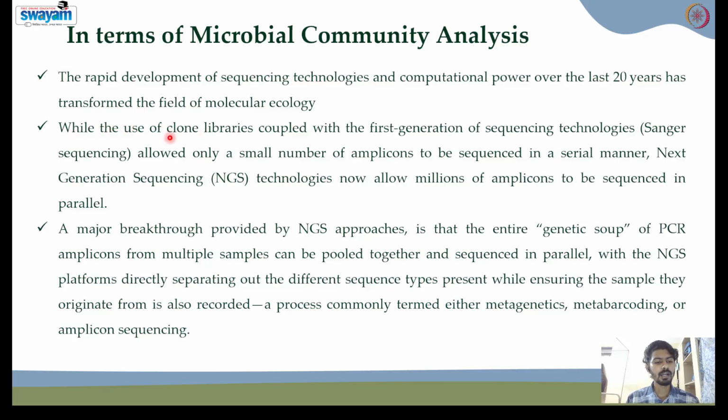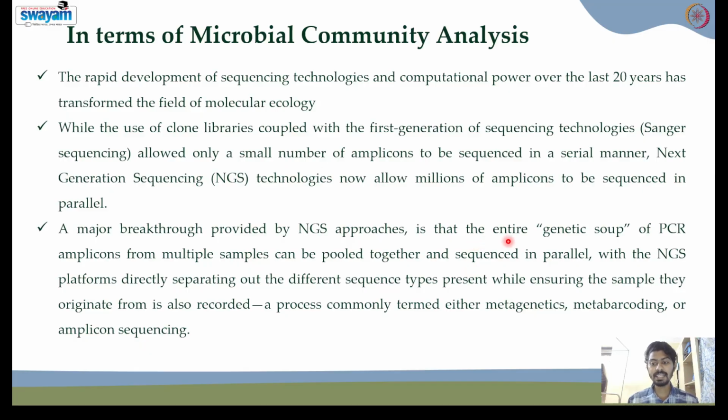The use of traditional clone libraries coupled with first gen sequencing technology like Sanger allowed only a few amplicons to be sequenced in a serial manner, that is, you can analyze one nucleotide per reaction only. Due to technology evolvement, next generation sequencing allows us to sequence millions of amplicons within a few minutes in parallel. This is the major breakthrough provided by the next gen sequencing approach.